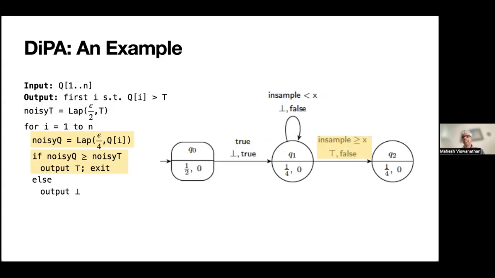Whenever you take this step, you don't change the perturbed threshold, which is the value stored in X, so the third component of these transitions is always false. And then there is the comparison and then the output value. If it is the case that the perturbed query is not larger than the perturbed threshold, then you just stay in the same state and continue the algorithm. So that's the correspondence between the algorithm and this automaton.